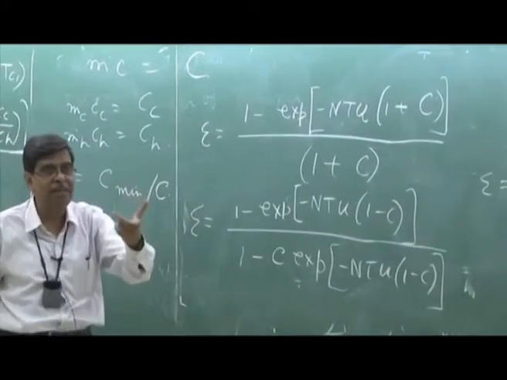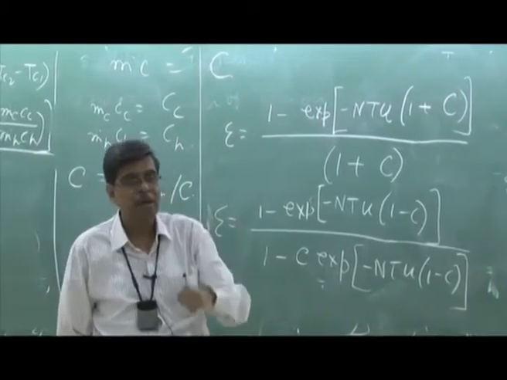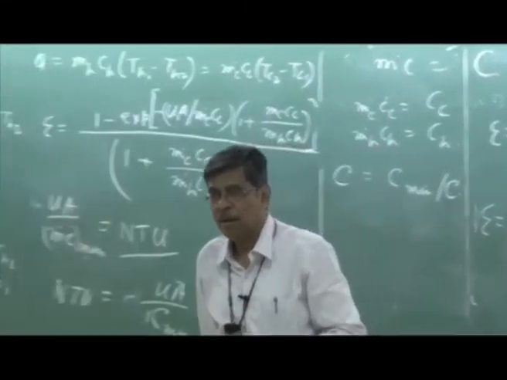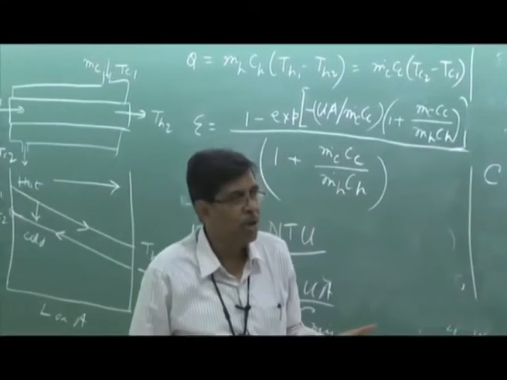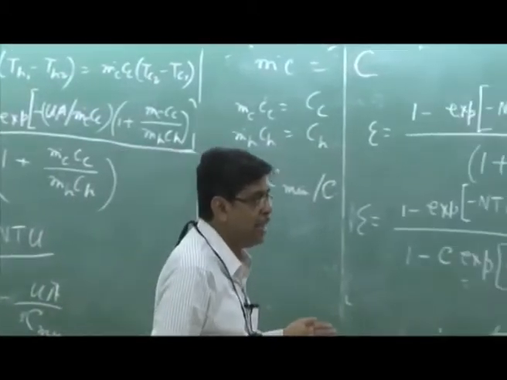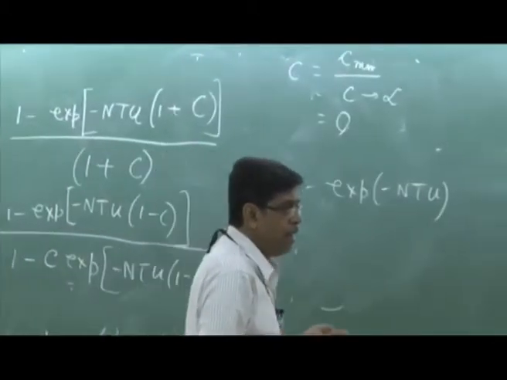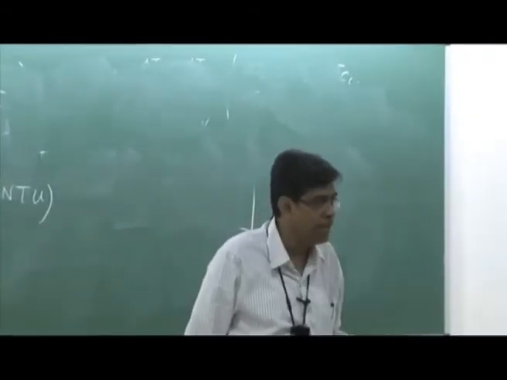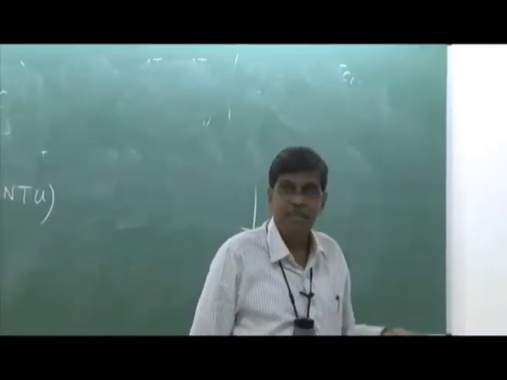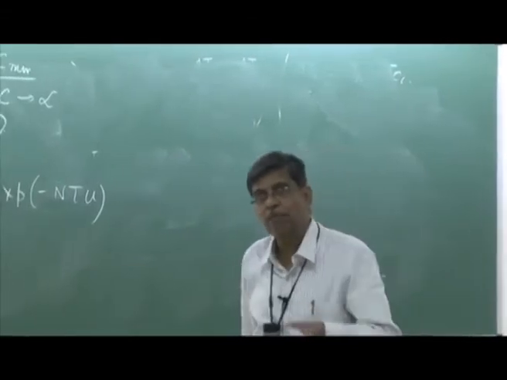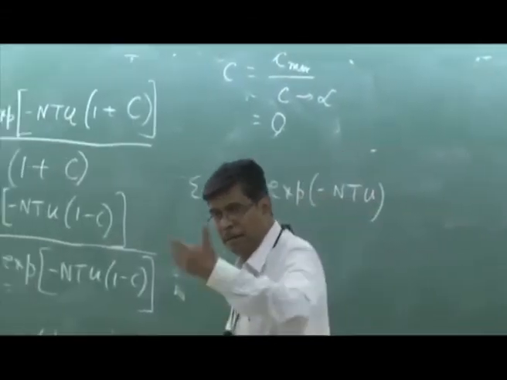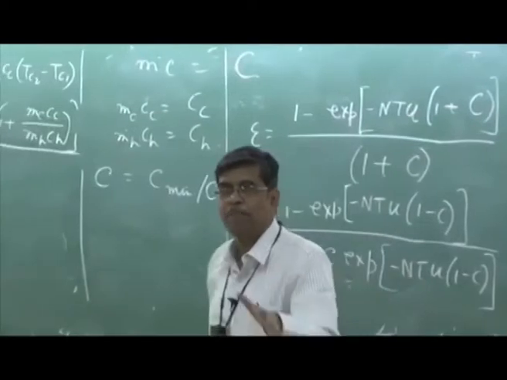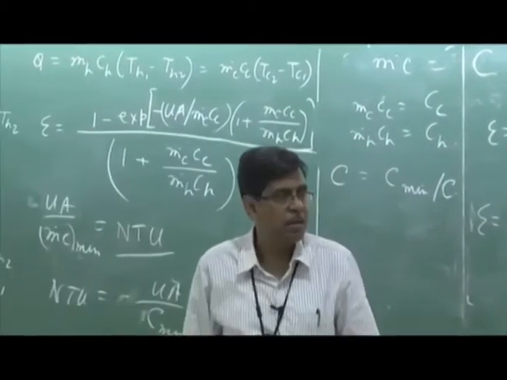And when the effectiveness is known, I can find out the temperatures. Clear? So this is a case where the rating will be done explicitly, no iterations. Rating means the size is given, we have to find out the heat transfer. That means all 4 temperatures are not known explicitly. Clear?